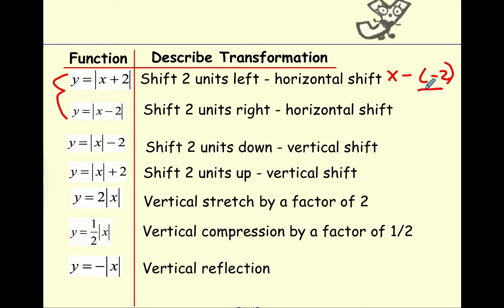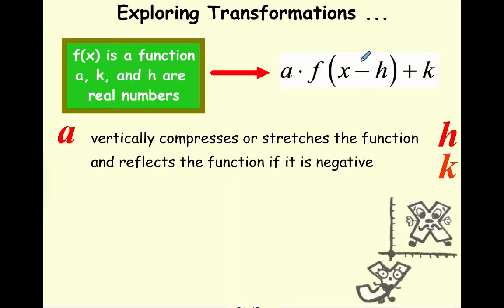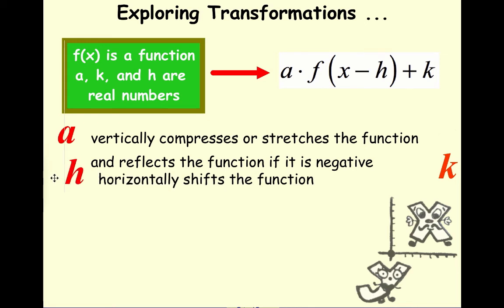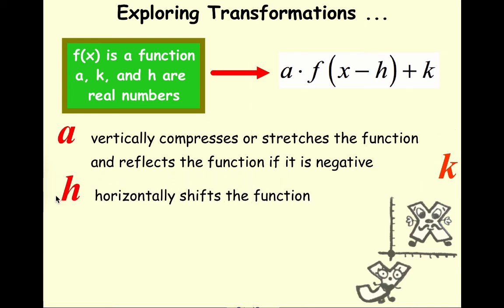And because you're subtracting -2, that -2 is what's moving it to the left. Versus over here, we're subtracting a +2, and it moves it to the right. So when you're looking at horizontal shifts, think of this number as what you are subtracting from x, and it tells you which way to move. So it horizontally shifts the function.